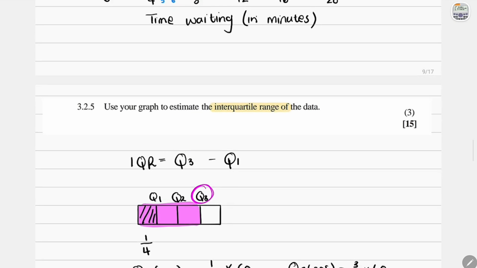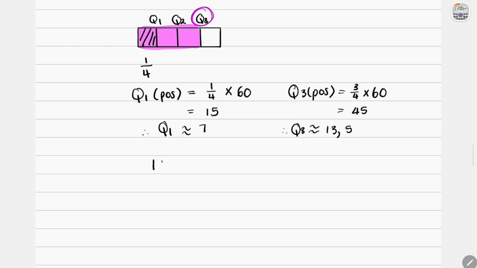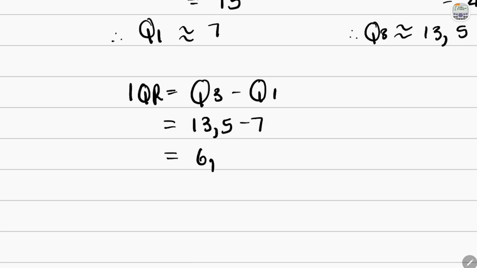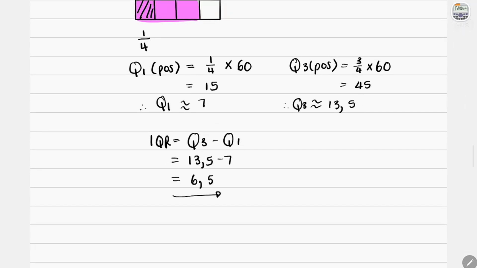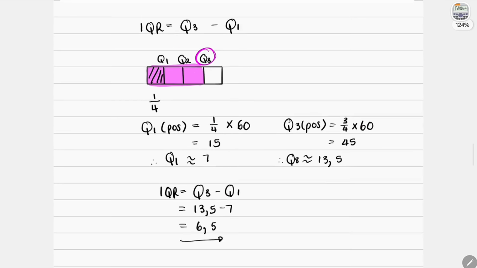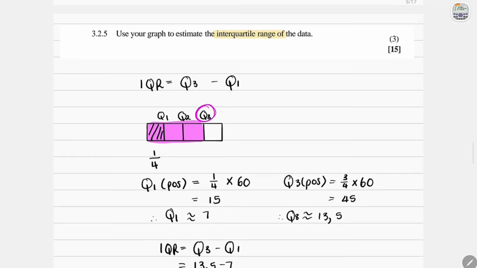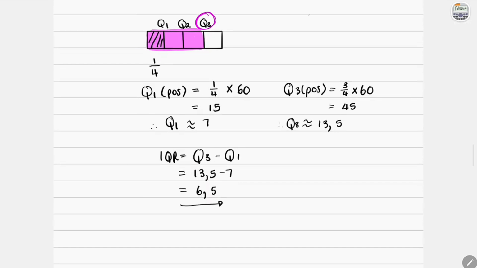And then finally to find the IQR. So we'll say that the IQR, remember, it's the range of your quartiles, Q3 minus Q1, which is finally 13.5 minus 7, and then that just gives us 6.5. Okay, and I'll just go ahead and leave it like that. There is a range of answers that they would accept. Okay, and that is it for question 3.